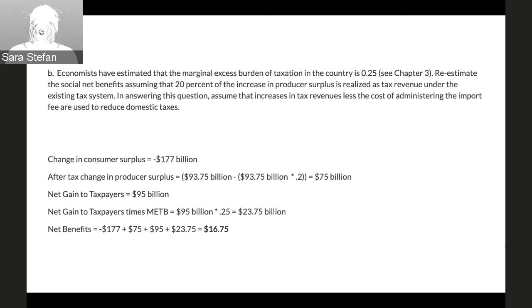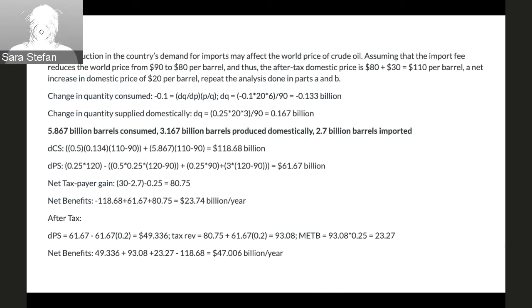So the change in consumer surplus stays the same, but then the producer's surplus decreases by the amount they're taxed, but then that amount gets added to the net gain to taxpayers, and then you multiply that net gain by the marginal excess burden of taxation, and then to get 23.75 billion, and then you add all of that up together to get the net benefits, which is 16.75 billion.